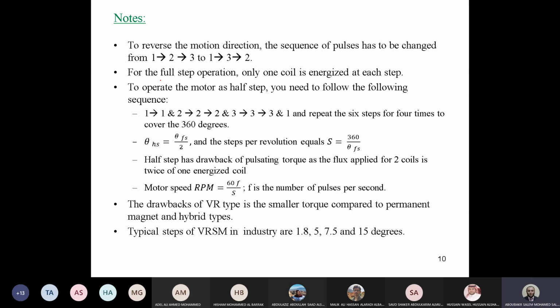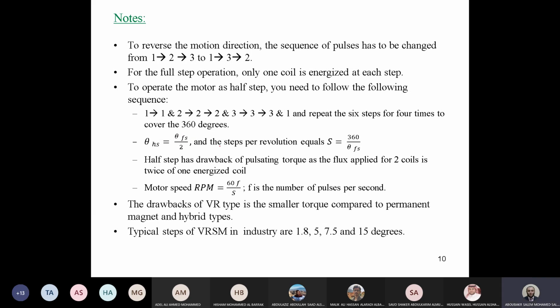Let's see this important notation. To operate the motor as half step, you need to follow the following sequence: 1, then 1 and 2 together, then 2 only, then 2 and 3, and so on, and repeat the sequence. So we have now theta half step equals half multiplied by theta full step.